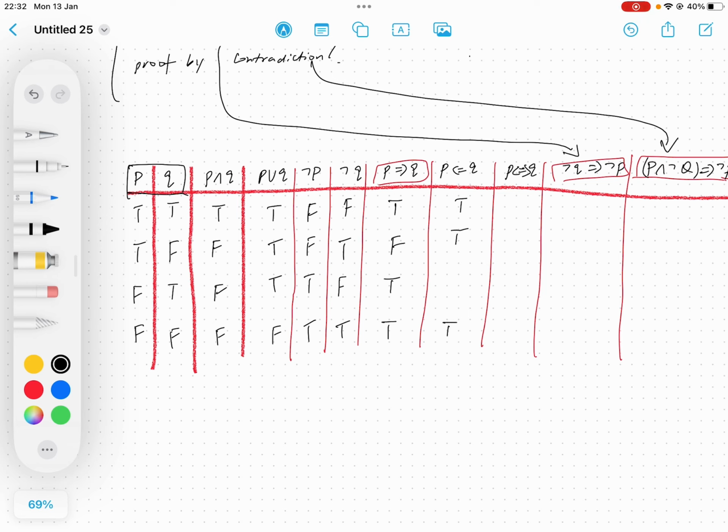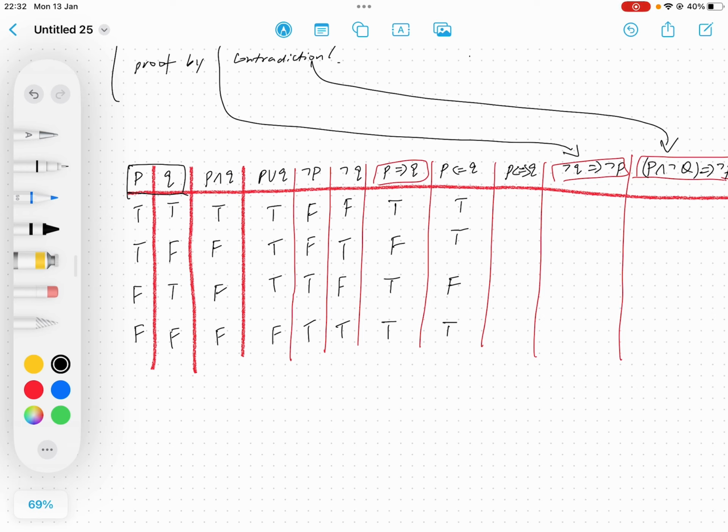And if Q is true and P is false, then this is false. We cannot get from a true thing to a false thing, right? So that's P implies Q and Q implies P.